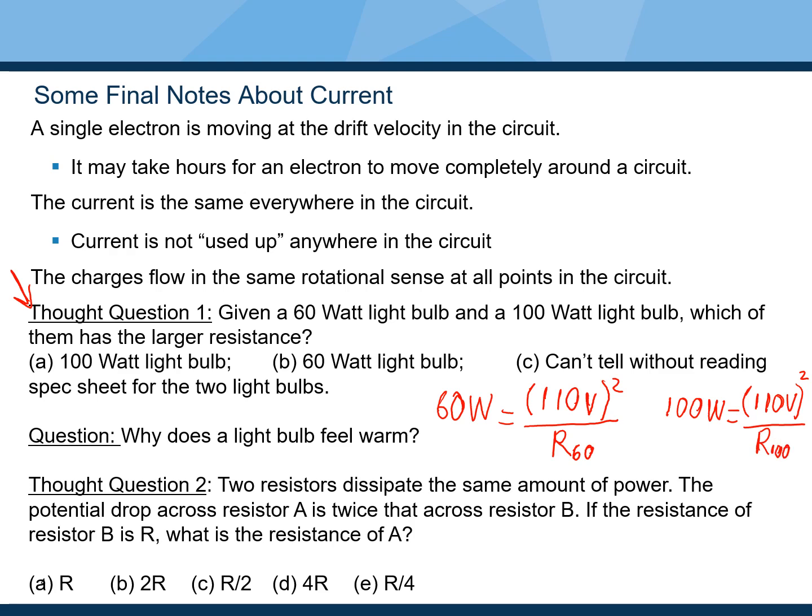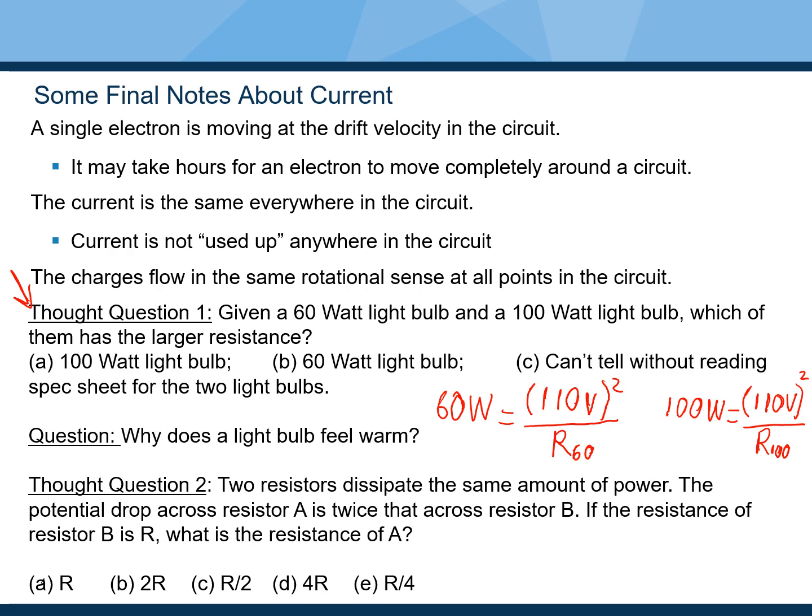So we now begin to understand what the issue is. Namely, the question asked of us is, which light bulb has the higher resistance? Now realize that 100 is larger than 60, and the numerator is the same because it's the same voltage that you apply to both light bulbs. Therefore, since the numerator is the same, if 100 is larger than 60, then R100 should be smaller than R60.